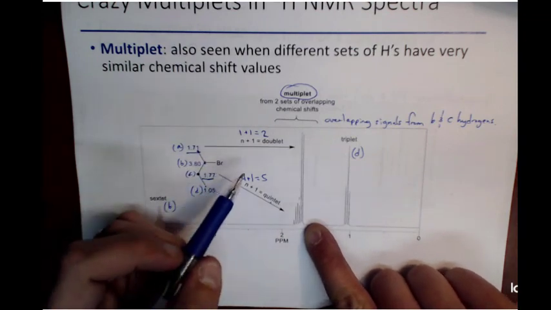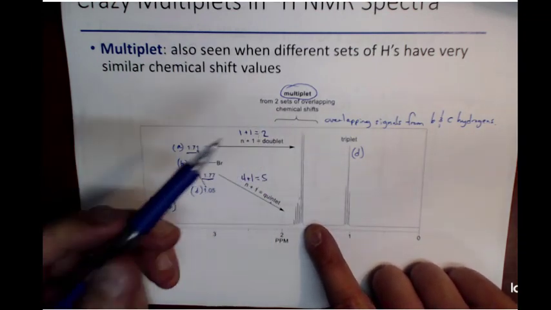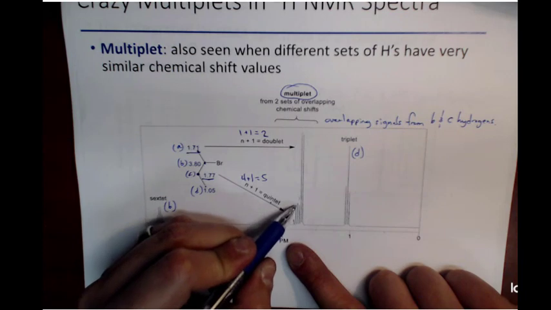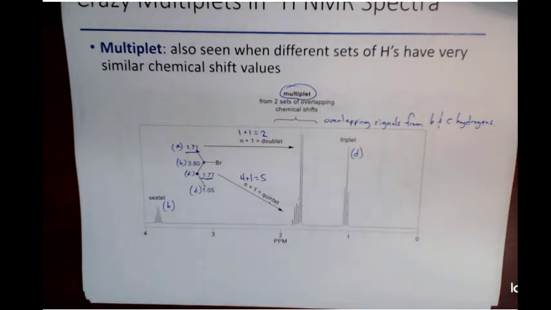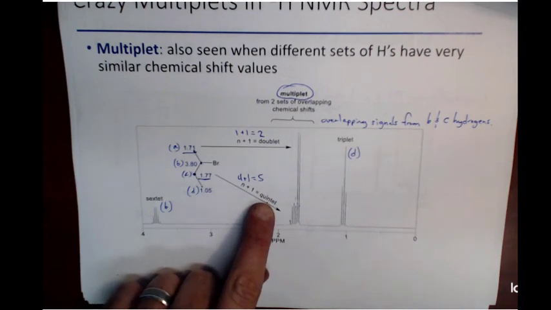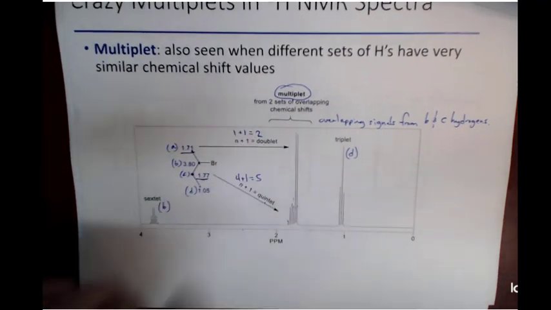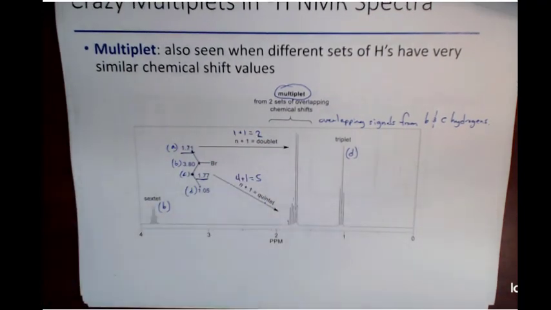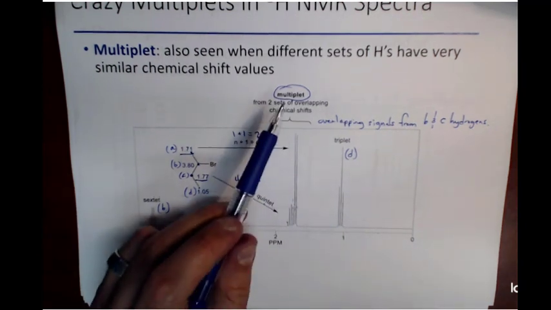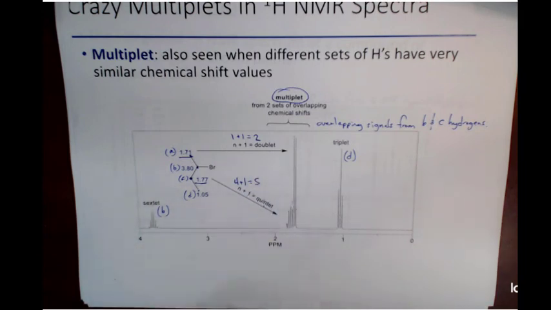And you would think, when I see that multiplet, then it should be 5, 6, 7. But if you look, you actually have 1, 2, 3, 4, 5, 6. You only see 6. These overlap, not perfectly, but well enough that one of your quintet peaks and one of your doublet peaks are at the exact same frequency, and so you don't see 7, you see 6.